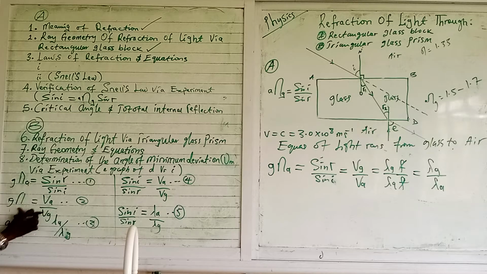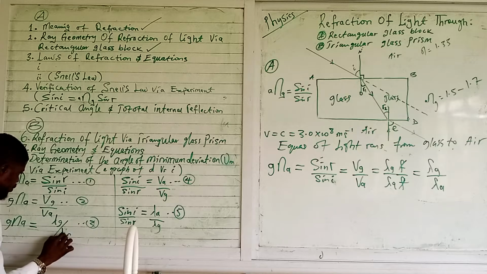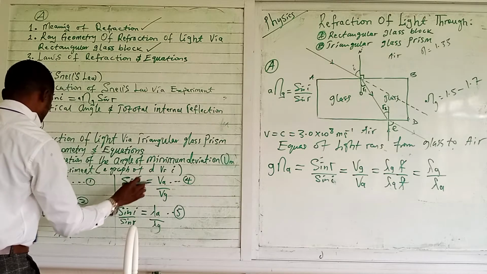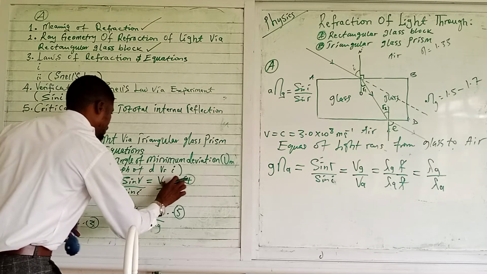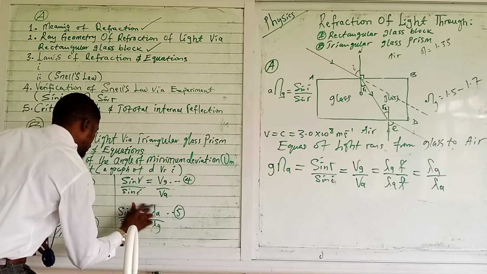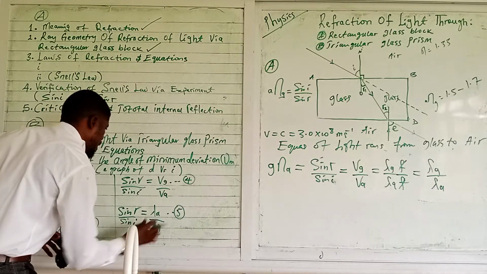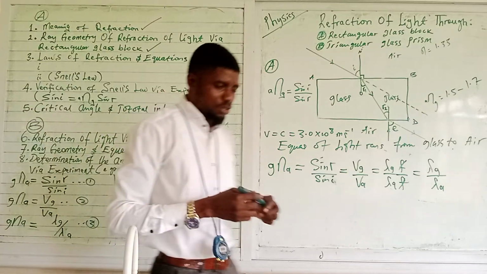This to G, this to A, this to G, this to A, this to G, this to A, this to G, this to A. This to R, this to I, this to G, this to A, this to R, this to I, G, and A. And then you are good.